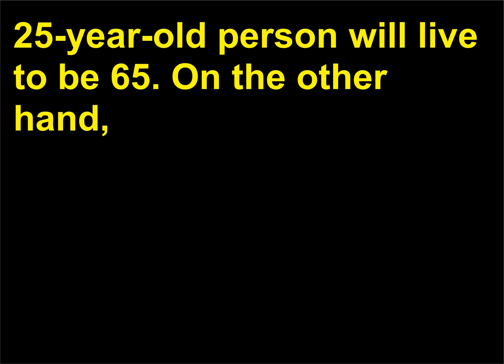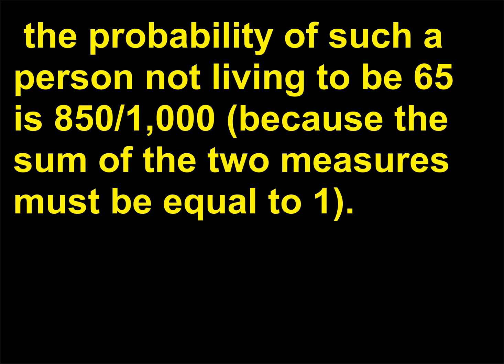On the other hand, the probability of such a person not living to be 65 is 850/1,000, because the sum of the two measures must be equal to 1.